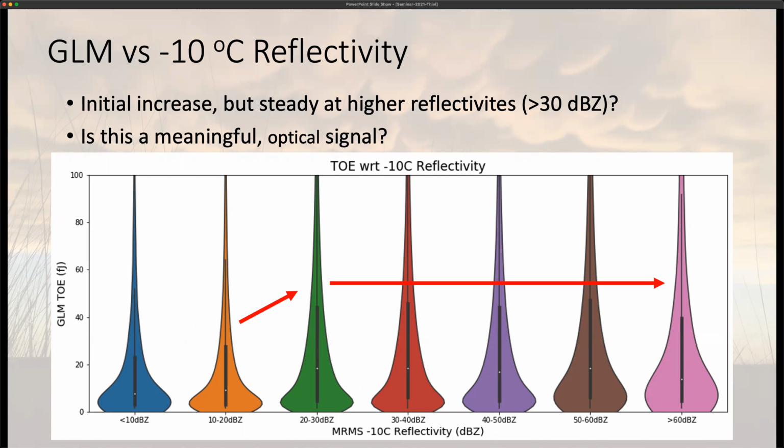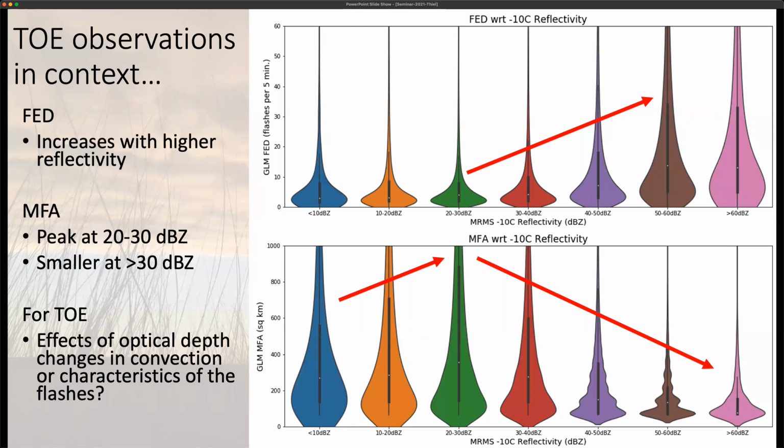Is that a kind of signal that we should really be looking at? In order to do that, we have to also put that in context with our GLM flash extent density and also our minimum flash areas. And when looking at those figures, a different kind of picture begins to show up. Sure, we do see increasing flash extent density values that should lead to increased total optical energy.